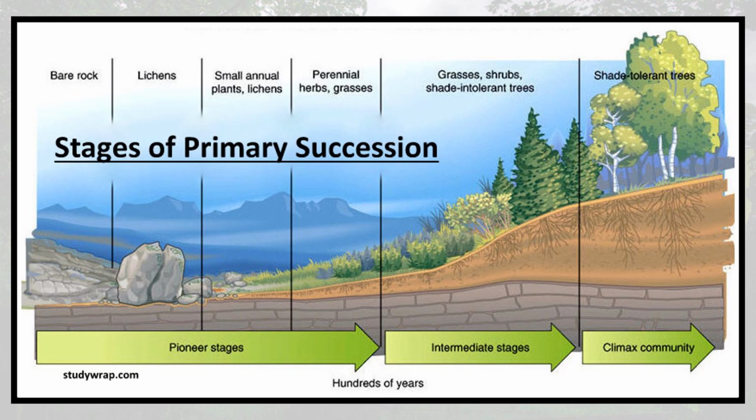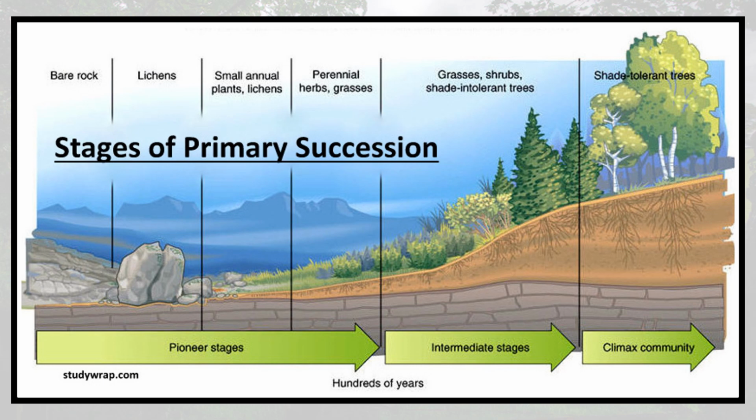Now, these are the stages of primary succession. In the pioneer stage, the earliest colonizers are present, where lichen, algae, or microbes, etc., are found on rocks or soil. They break down those large particles into small particles that are called soil particles. And then the pioneer stage moves towards the intermediate or transitional stage.